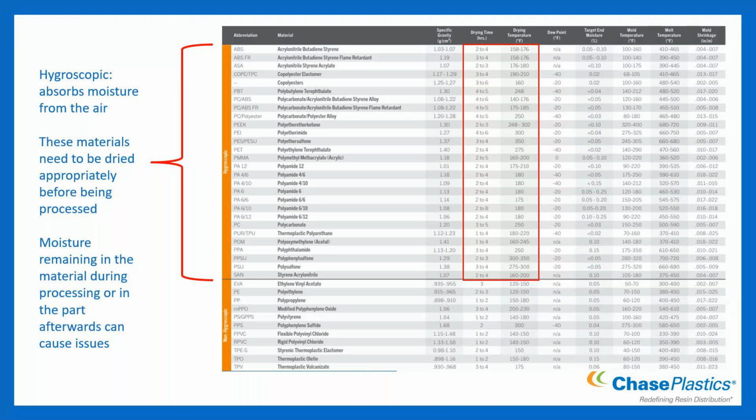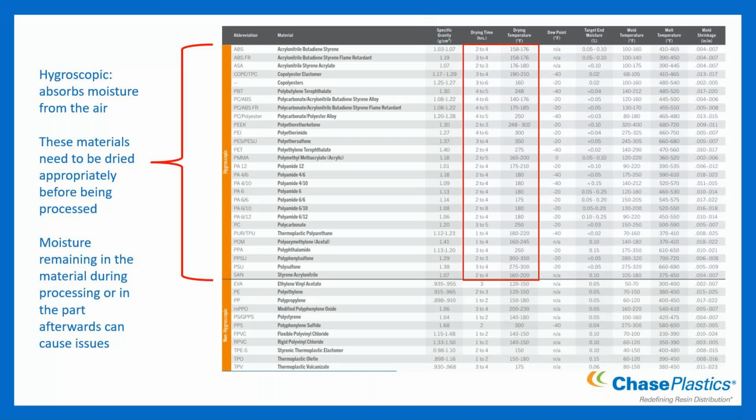If you have run nylon at any given time, you've probably experienced it at some point. So when we recommend a drying time, a drying temperature, and a max moisture content, that's because we're trying really hard to make sure when you process the material, you're not degrading it and cutting up those chains.